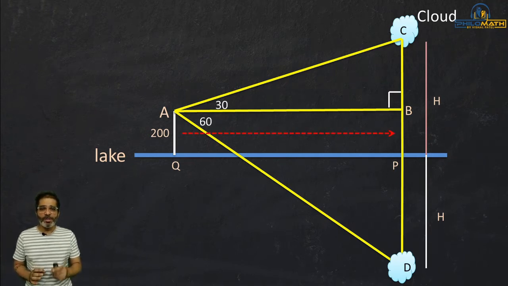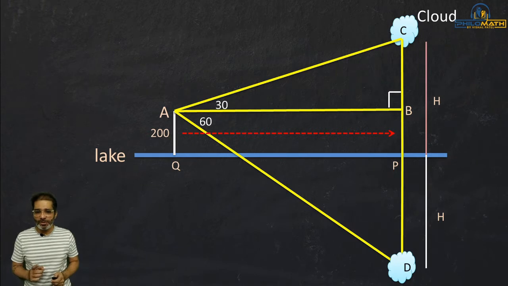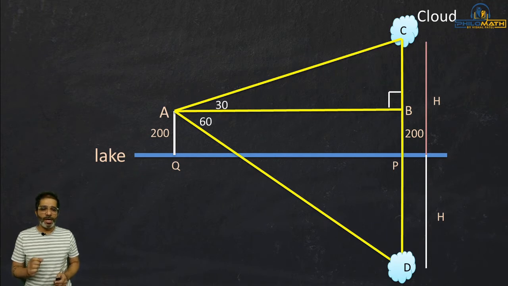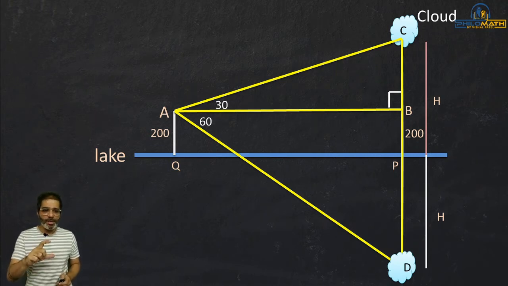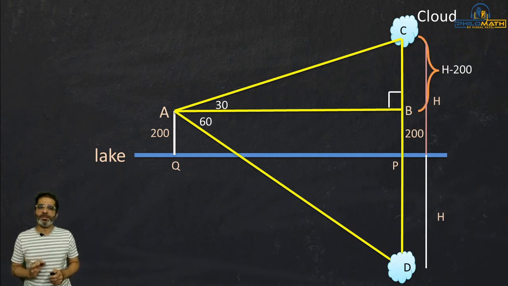Now let us have a look at the rectangle AQPB. Opposite sides are equal, so if AQ is 200, BP is also 200. Now in right angle triangle CBA, see the figure very carefully: CP is H and BP is 200, so CB is H minus 200.